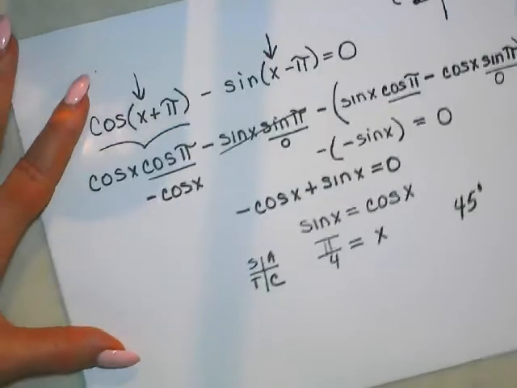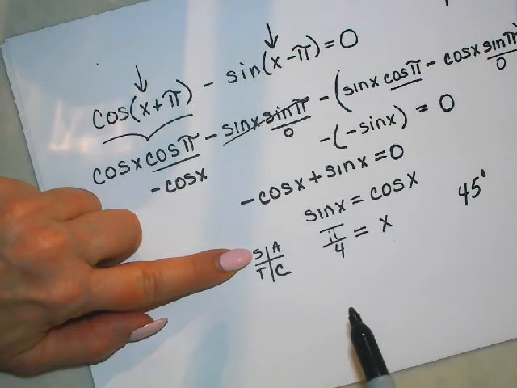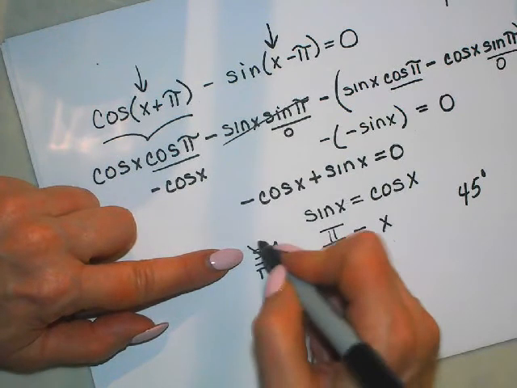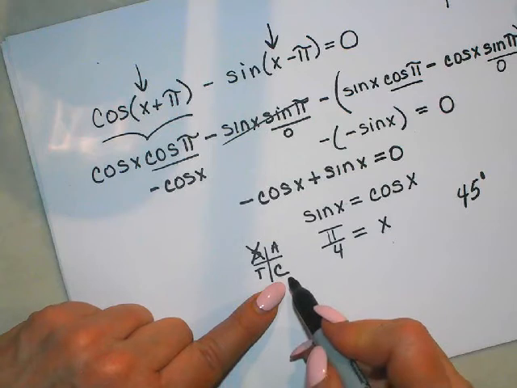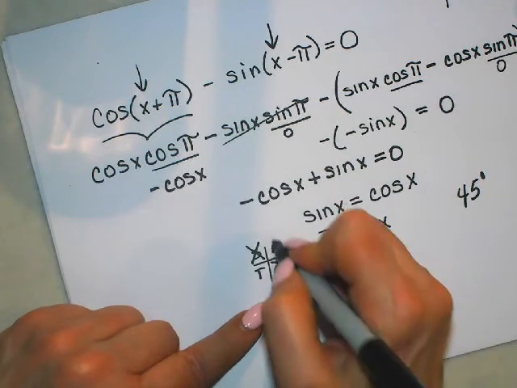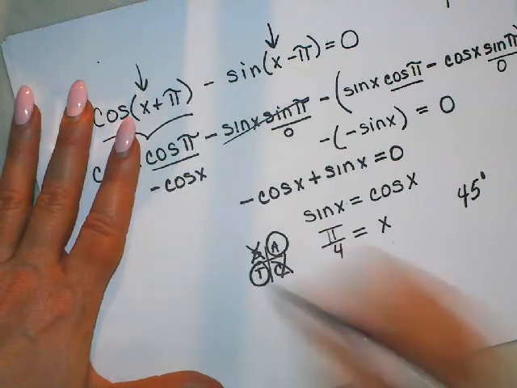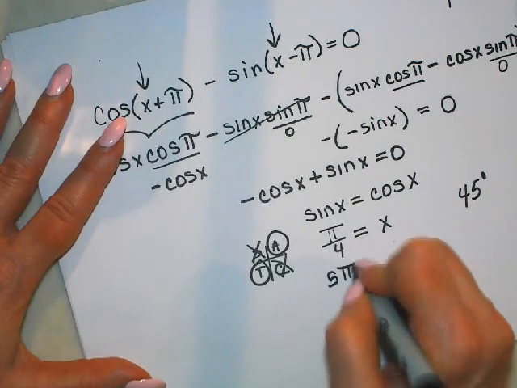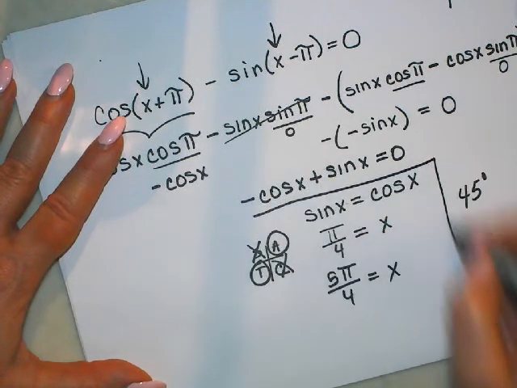But wait a minute. If they're both the same, you can't be in this quadrant, because in this quadrant only sine is positive, cosine would be negative. We can't be in this quadrant because in this quadrant cosine is positive, sine is negative. It could be both the same here and both the same here. If they're both negative, it works, which is 5 pi over 4.